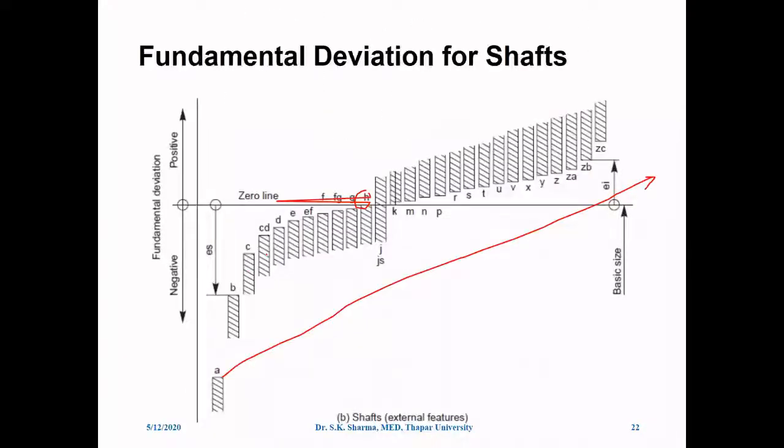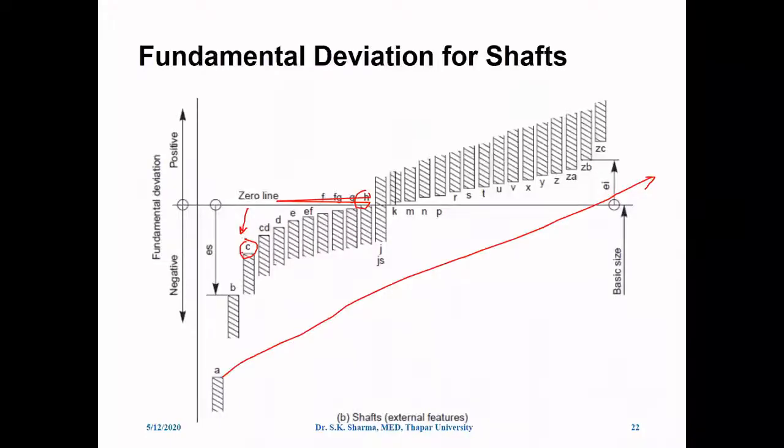For the shaft, the basic size is again 40, but the fundamental deviation in this case is lowercase c, which is in the negative direction. So the shaft will be smaller than 40. If you take a basic size 40 and say that the hole will be 40 capital C 9 and the shaft will be 40 small c 9, that means the hole will be slightly larger than 40, and the shaft will be slightly smaller than 40, because small c means negative, right?